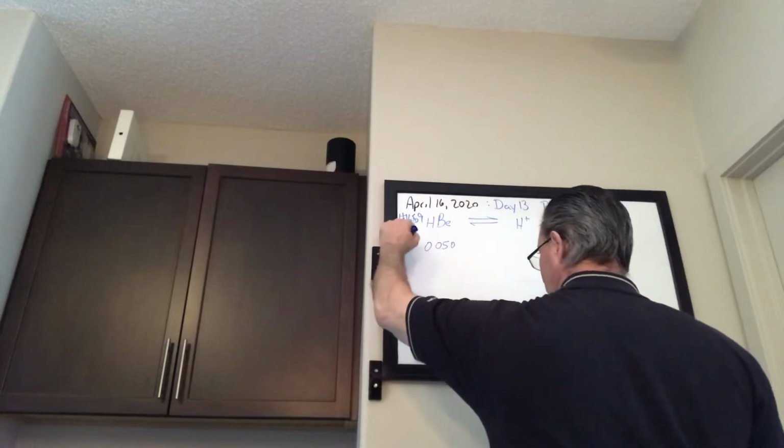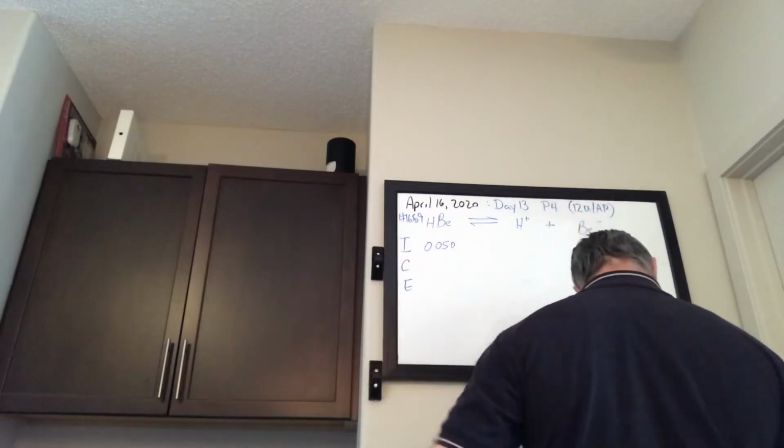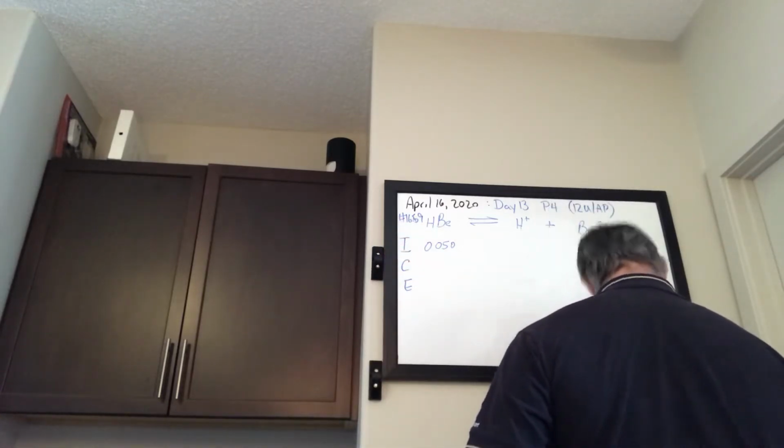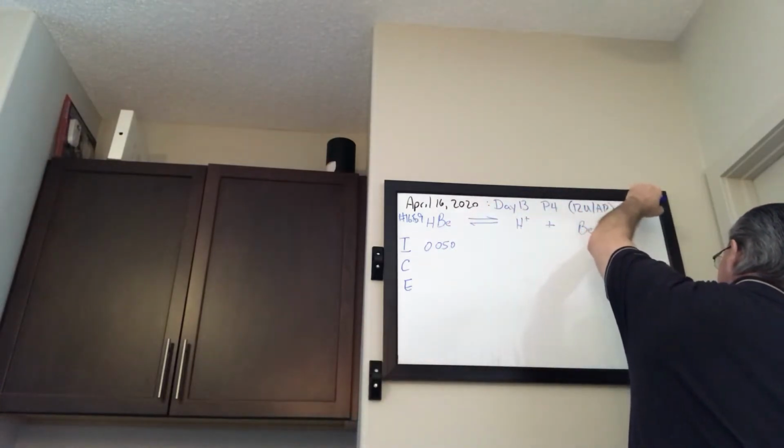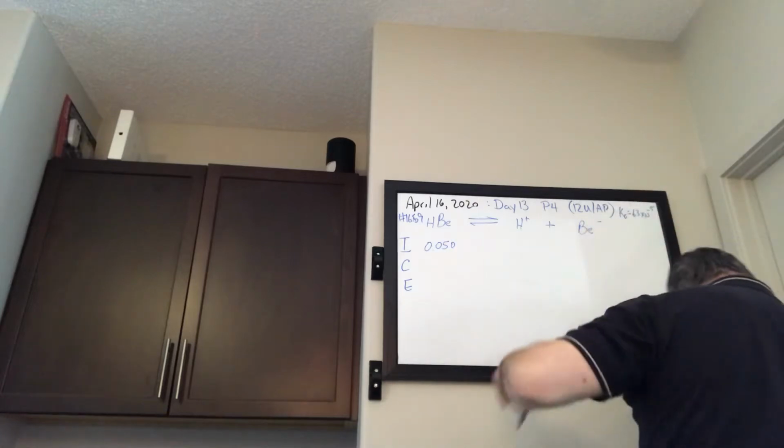This is a nice table. And we find out that Ka is equal to 6.3 times 10 to the negative 5. So everything we need is up there.